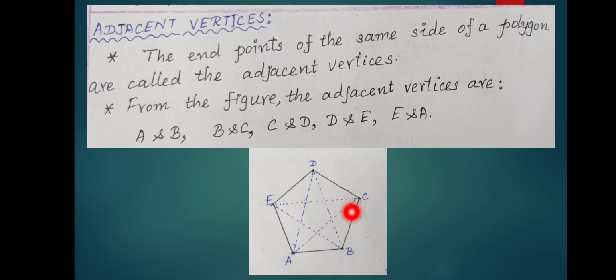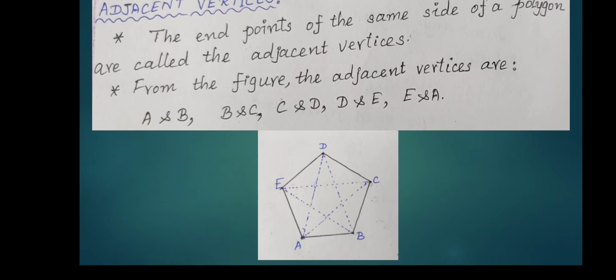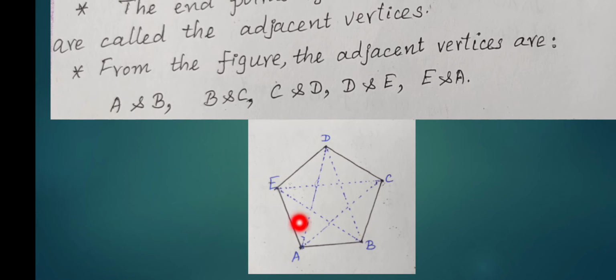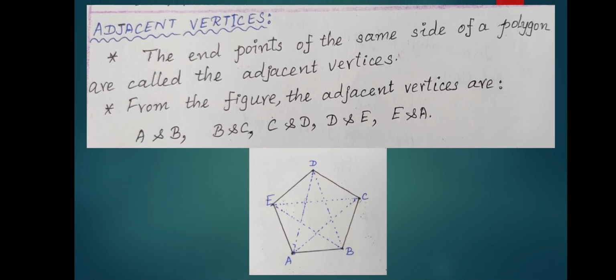So, from the figure, adjacent vertices are A and B, B and C, C and D, D and E, and E and A. Remember, vertex is the meeting point and side is the line segment.